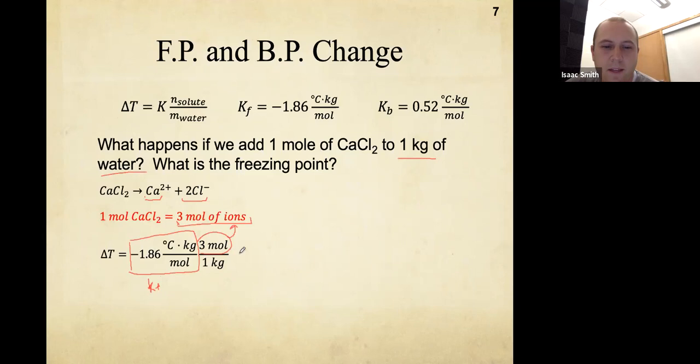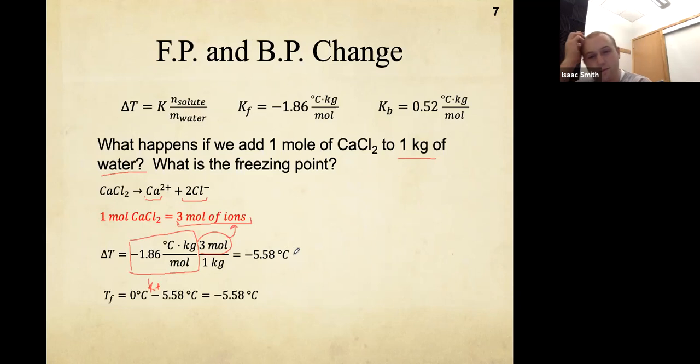Run that calculation out, and it tells us that the temperature is going to decrease by 5.58 degrees Celsius. The original freezing point of water is 0, so 0 minus 5.58 is negative 5.58 degrees Celsius, the new freezing point for that aqueous solution. All right, cool.